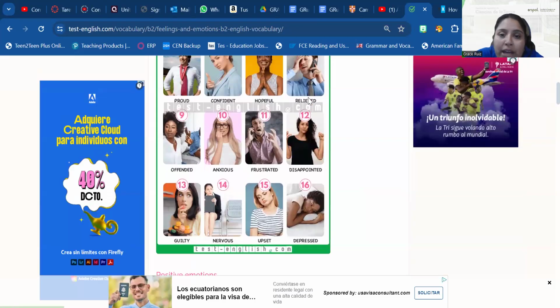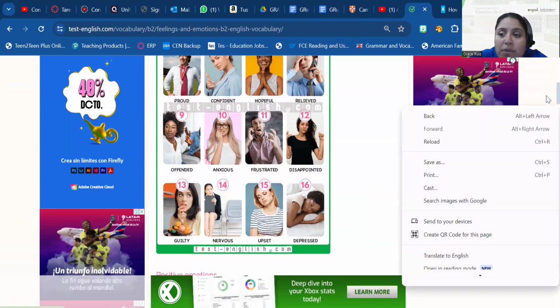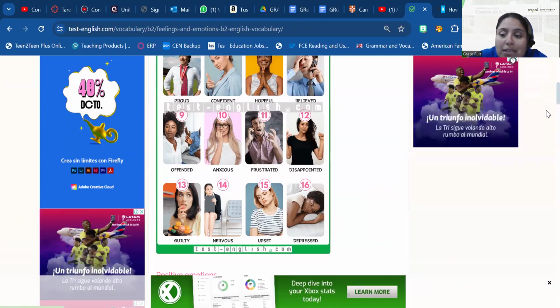For example, relieved, we hadn't seen. Hopeful, we hadn't seen. Offended, we hadn't seen. Anxious, frustrated, we hadn't seen frustrated. Yes, we did see disappointed, guilty, nervous. I think we did not see nervous. Depressed. Okay, so definitely vocabulary words that we could look into and use appropriately within sentences.